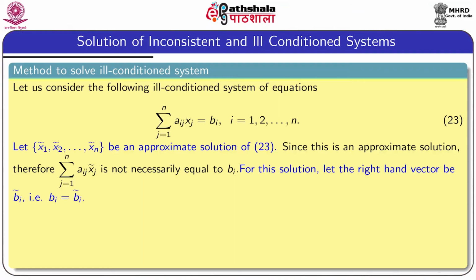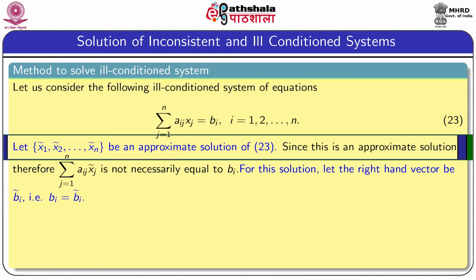The relaxation method is based on the Gauss-Jordan iteration method and the successive over relaxation method is based on the Gauss-Seidel iteration method. Let us consider the following ill conditioned system of equations: summation over j equal to 1 to n aij xj equal to bi. This is the ith equation where i equal to 1 to n.